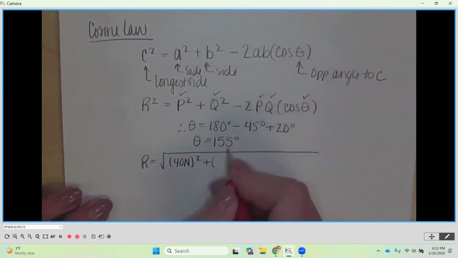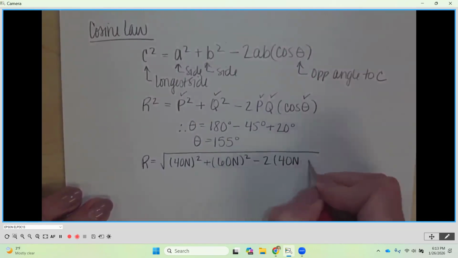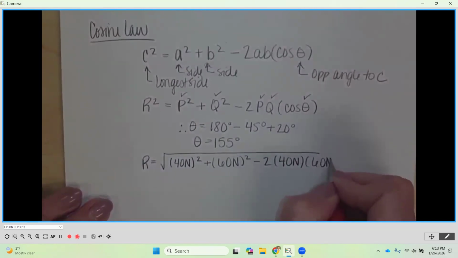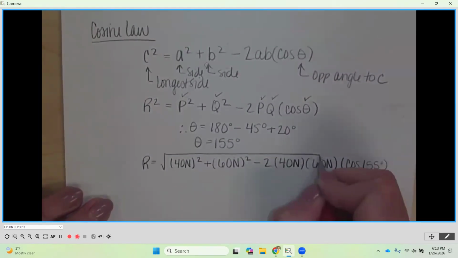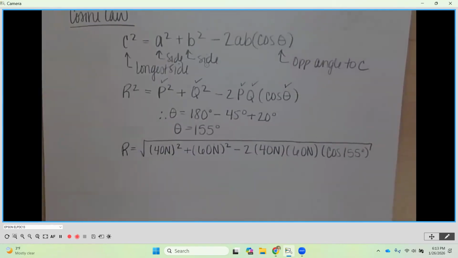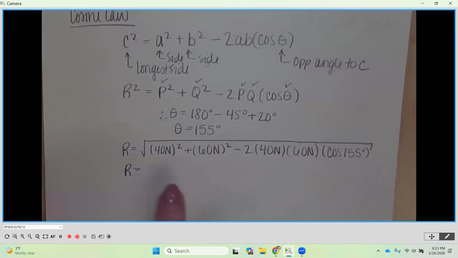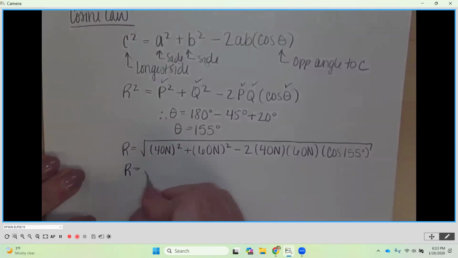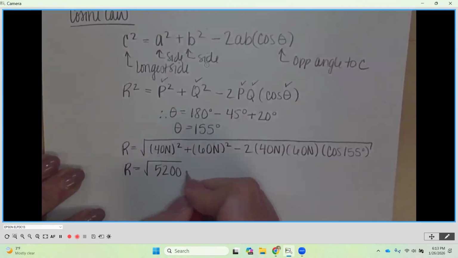Then we're going to be plus 60 newtons squared minus 2 times 40 newtons times 60 newtons times the cosine of 155 degrees. And everything goes underneath that radical. Okay. Now, when you punch this all in, you should get something that looks something like, and I'm just going to write out my intermediate step. Go ahead and do that.